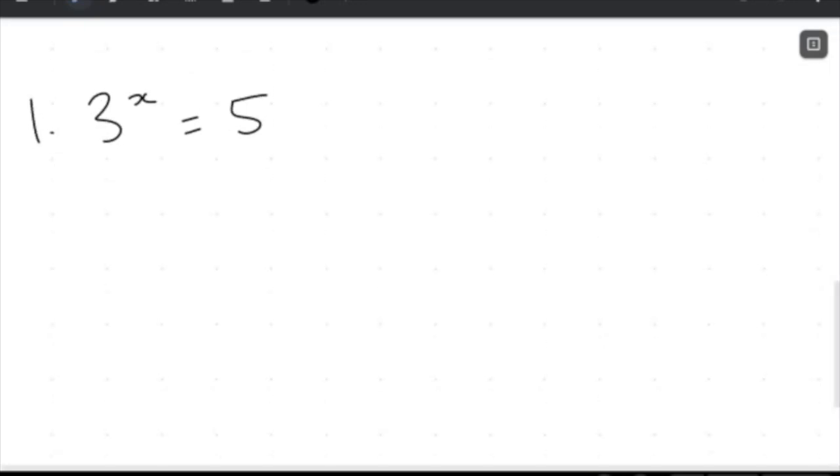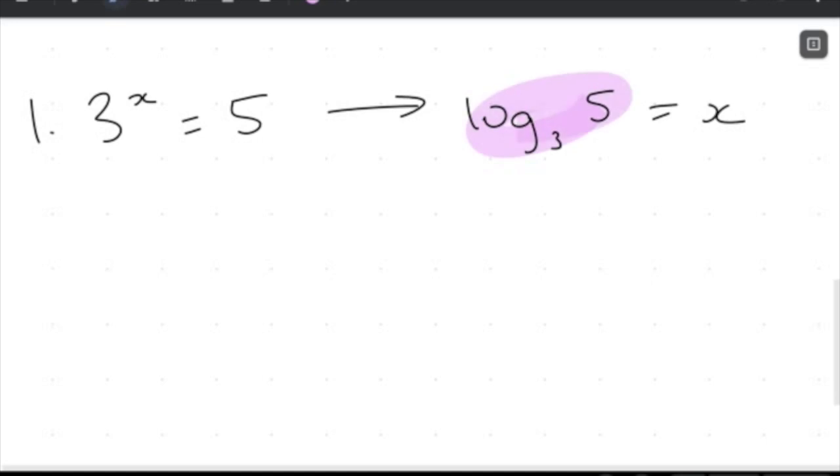Some of you might be wondering, can't I just rewrite it in log form? This is in exponential form, so can't I just go log to the base 3 of 5 equals x? We can do that, but there is no way to write this into your calculator to evaluate it without using a base that's programmed into the calculator.